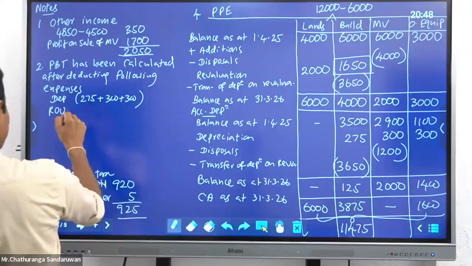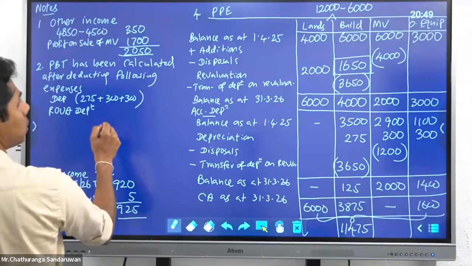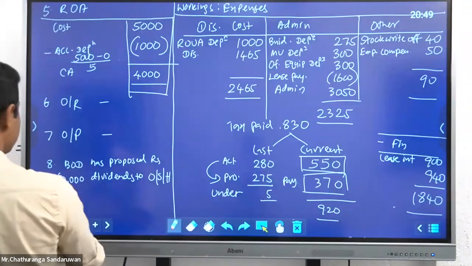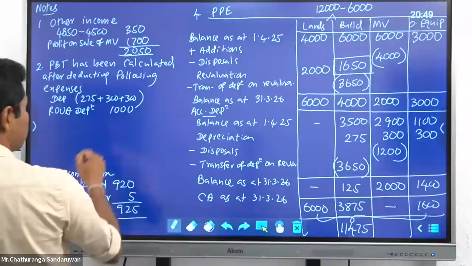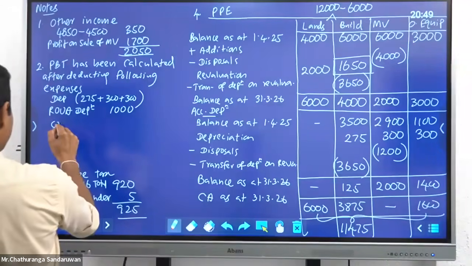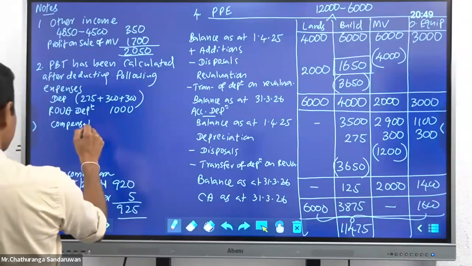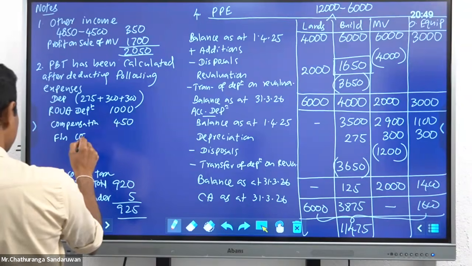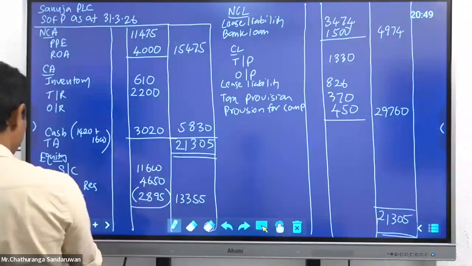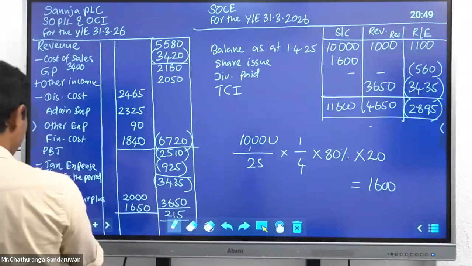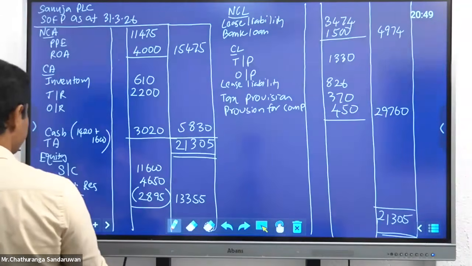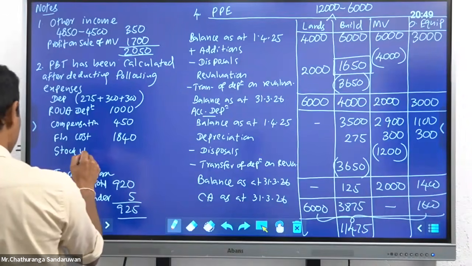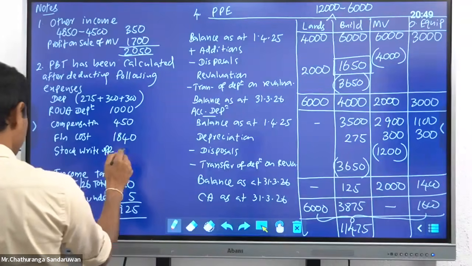Then write-off use asset depreciation, we got, as I remember, 1,000. And then we got employee compensation, altogether 450. And finance cost, it was, here also we took it 1,840. And stock write-off 40.